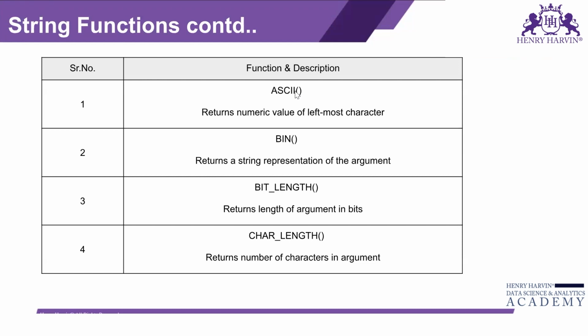There are additional string functions like ASCII, which returns the numeric value of the leftmost character. We have got the bin, which will represent an argument in binary. Then we have got the bit length, which will give you the argument in bits. Then we have got the char length, which returns the characters in a particular argument.